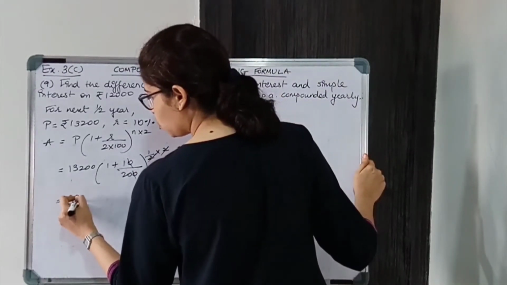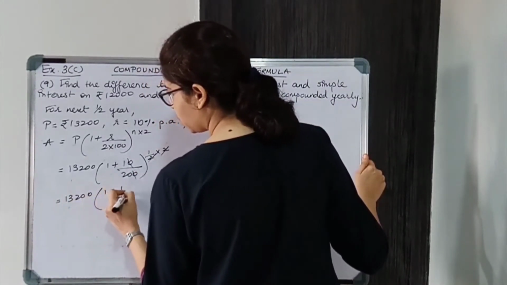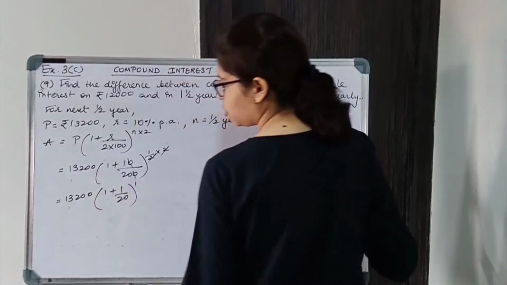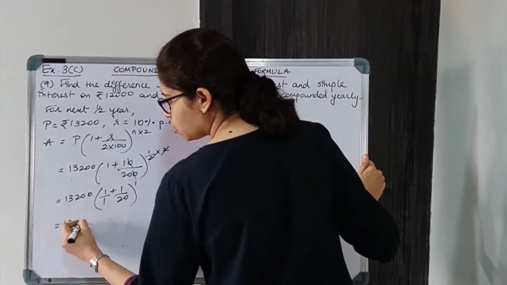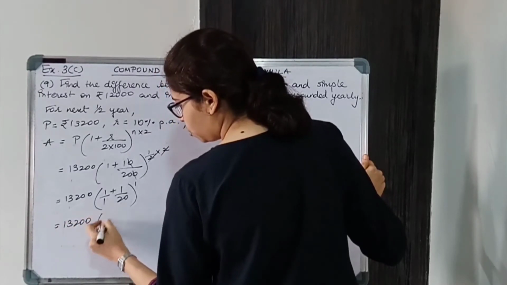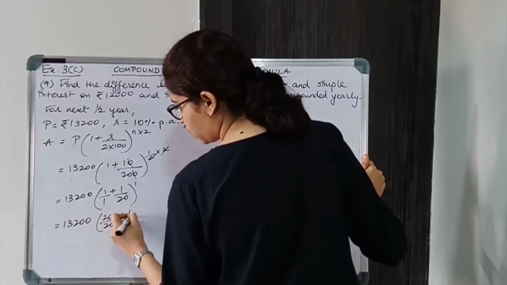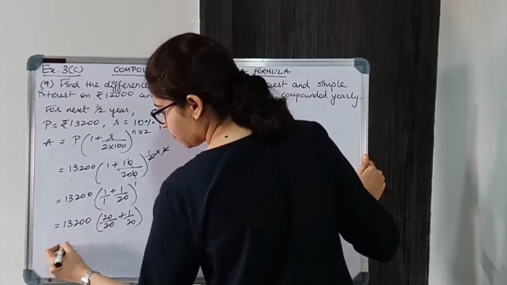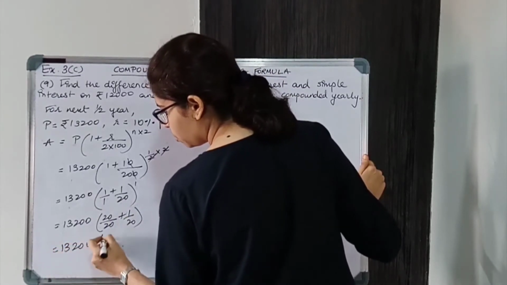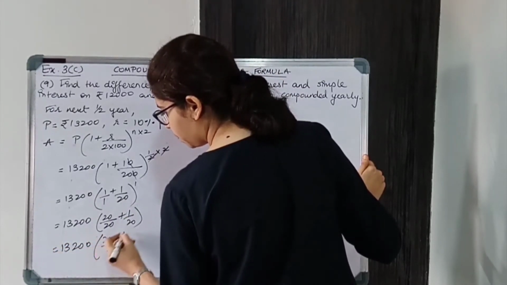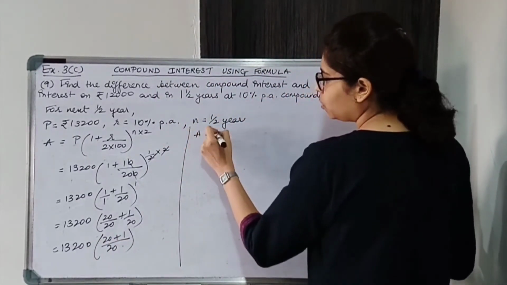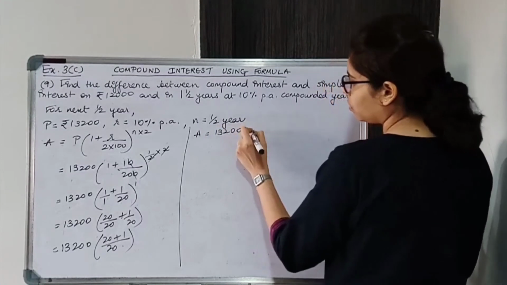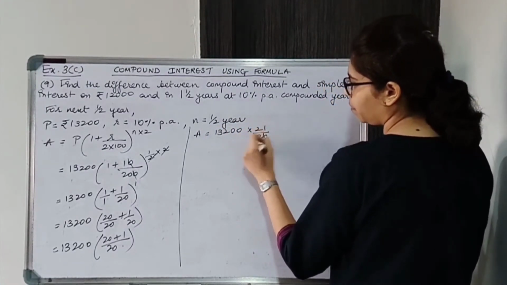So 13200 into 1 plus 1 upon 20 raised to 1. Let's take LCM and solve this. 13200 into 20 upon 20 plus 1 upon 20. So 13200 into 20 plus 1 upon 20. So we get amount is equal to 13200 into 21 upon 20.